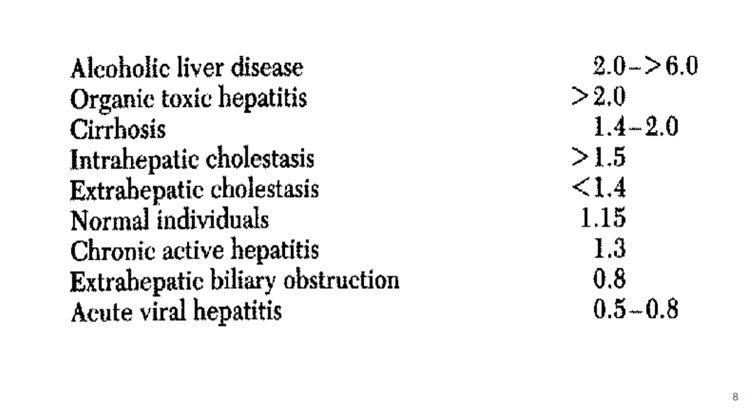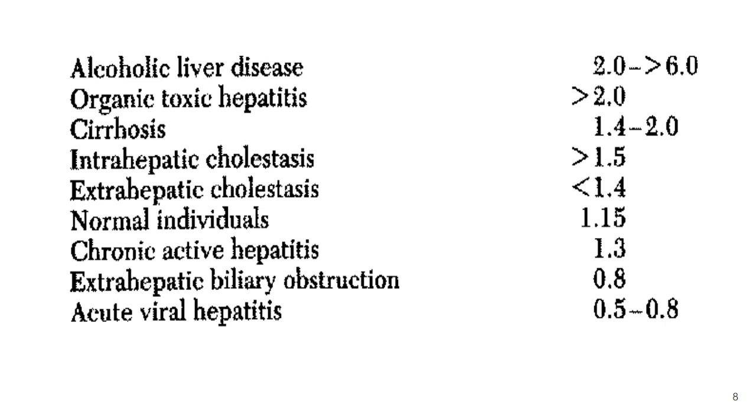Then in case of cirrhosis, the ratio would be 1.4 to 2.0. In cholestasis, intrahepatic pathologies, it's raised, but it's less than 1.5. Whereas in extrahepatic cholestasis, that is obstruction, it's essentially more than 1.14.